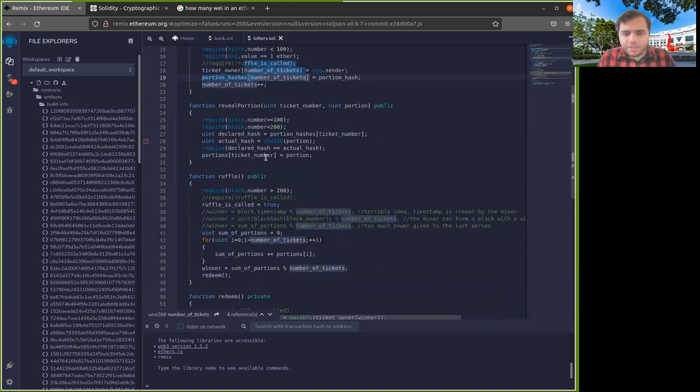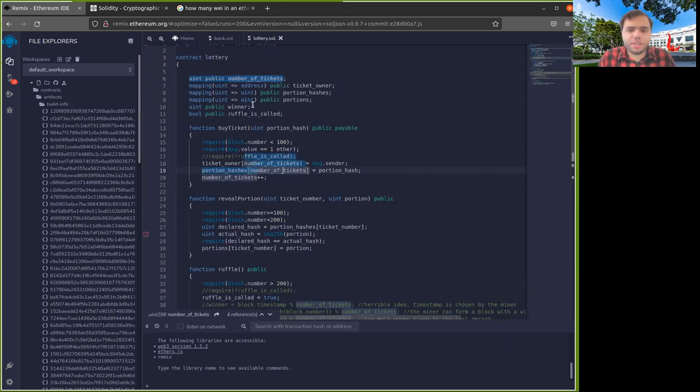And when it's done like that, it really takes only one person to choose randomly. Again, we don't really have a proof of randomness here, because the only thing that is happening is that everyone is giving out their portion hashes first, and then we're summing up all the portions.